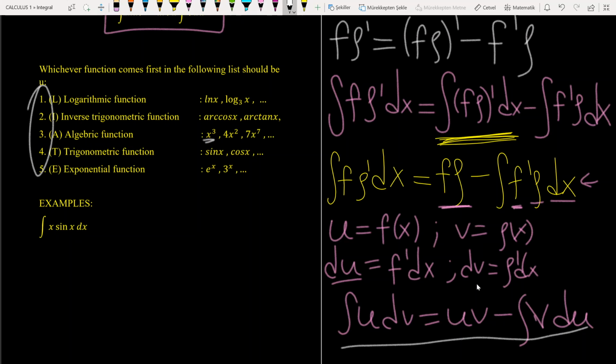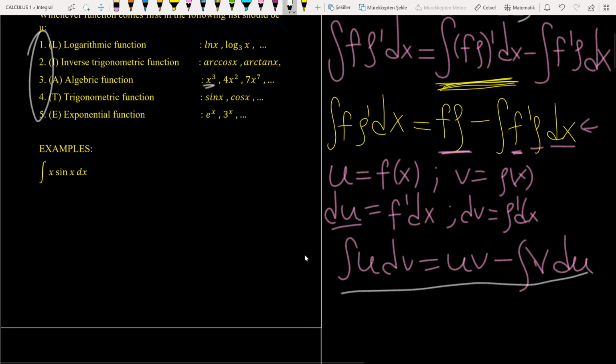Okay, let's look at the first example. The integral of x times sine x. According to this list, we have an algebraic function, which is a polynomial, and a trigonometric function. Algebraic functions come first, then trigonometric.